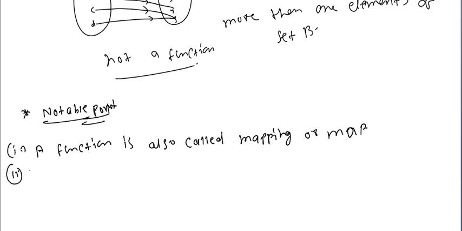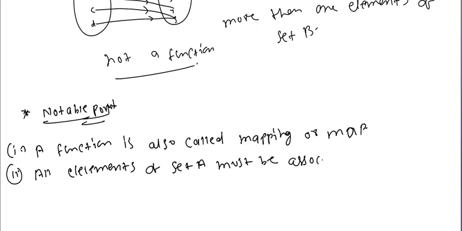Also the next point is all elements of set A must be associated with elements of set B. This is nothing but a notable point, the conclusion of all the above examples.